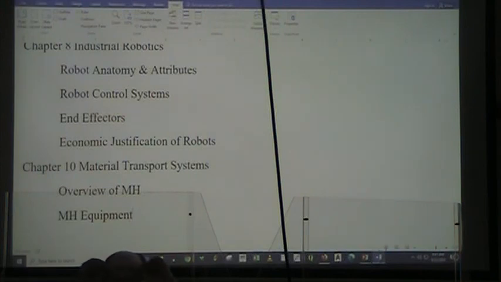Again, what we went over in that is not that complex compared to when we talk about it in some other course. Analysis of material transport systems, not so much.